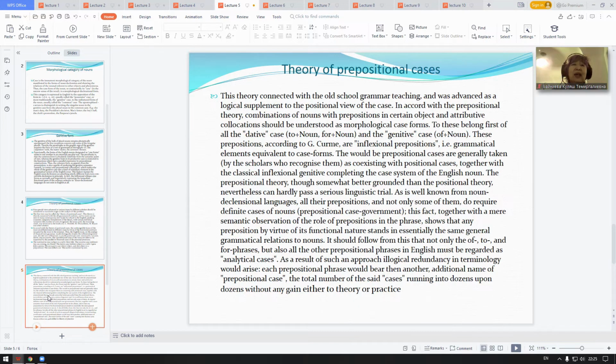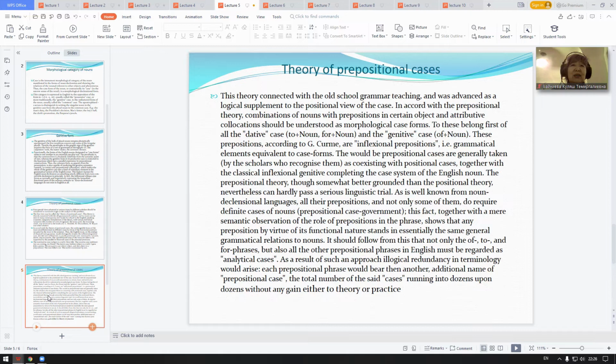This fact, together with a mere semantic observation of the role of prepositions in the phrase, shows that any preposition by virtue of its functional nature stands in essentially the same general grammatical relations to nouns. It should follow from this that not only the of, to, and for phrases, but also all the other prepositional phrases in English must be regarded as analytical cases.